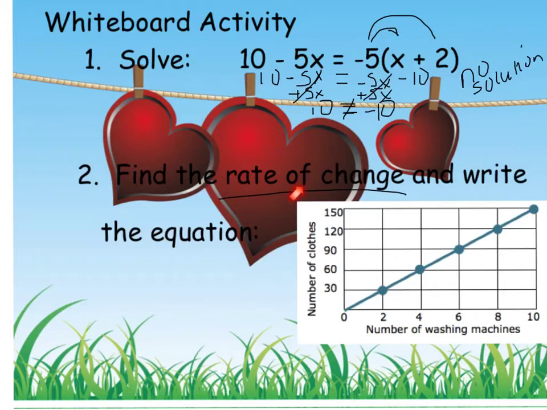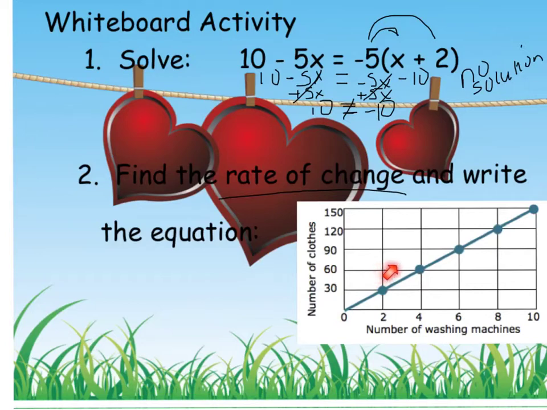We have been working with, for the next example, the rate of change. The rate of change we can find in a variety of ways, and on a graph an easy way is just to look to see how far you have to go up and over to get to another point. So I see we have to go up 30 and over 2, or up 60 and over 4, or up 90 and over 6.